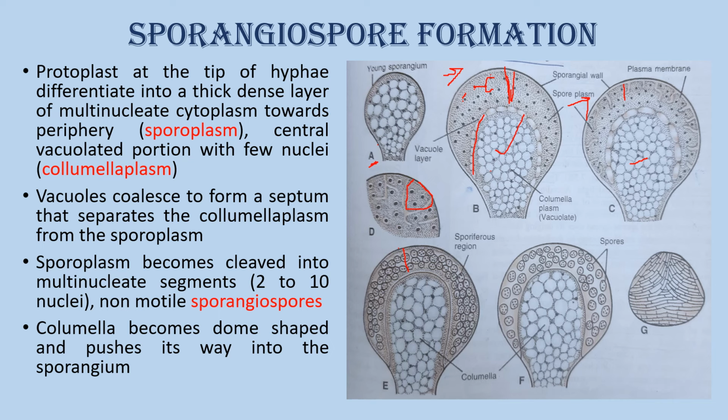This vacuolated region is called the columellate region, and the outer sporogenous region that ultimately forms the spores is called the sporiferous region. So they become separated, and this is how the spores are formed. This is the diagram of the spore.